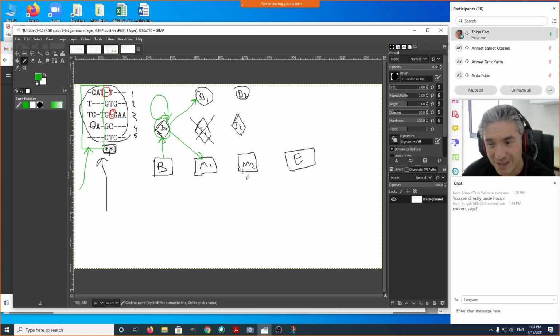I'm going to continue with the same example on Monday, but the main purpose of this lecture was to go over the general hidden Markov model and what these states' purposes are. So I0 is responsible for this part. I1 would be responsible for insertions between these two conserved states if there were any.